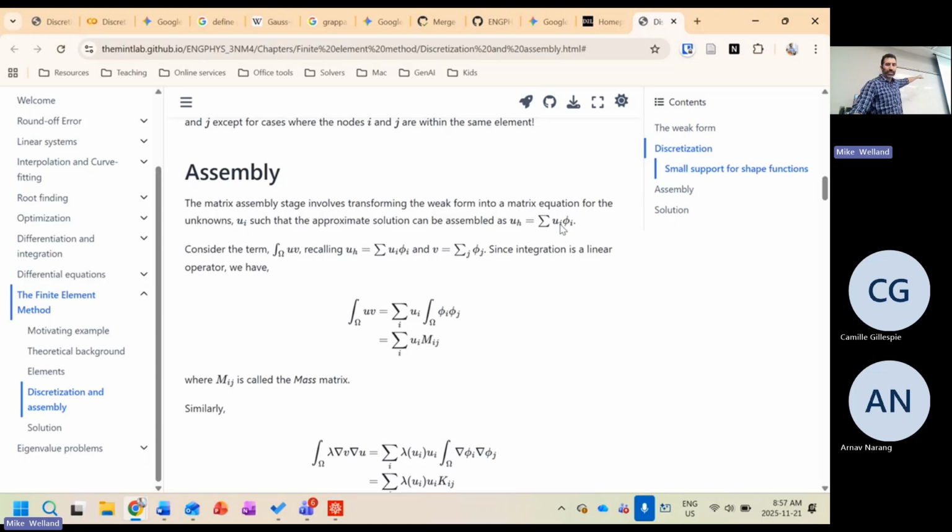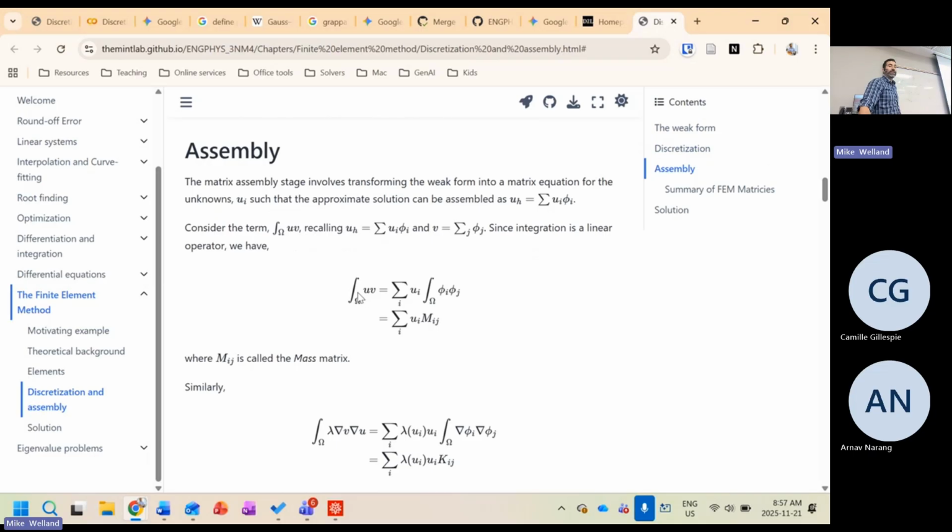Okay. We've got this guy. I changed notations again just to trip you guys up. Recalling that our solution is expanded like that, our general test function v, because we're doing Galerkin, follows the same shape functions.